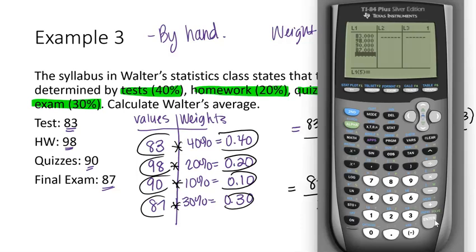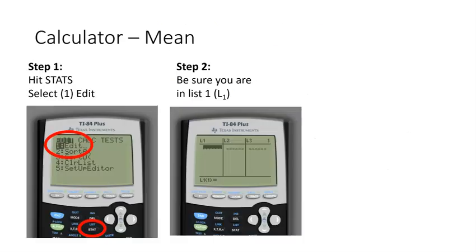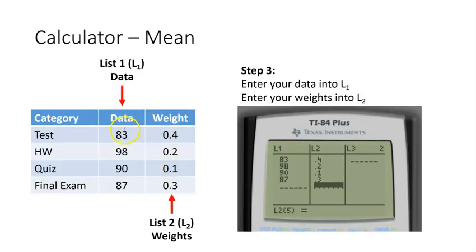But now that's not the only values I'm dealing with. So scroll over to the right into your second list, and here's where I'm going to put my weights, the 0.4, the 0.2, 0.1, and 0.3. So we put our original values in list 1, and our weights in list 2.